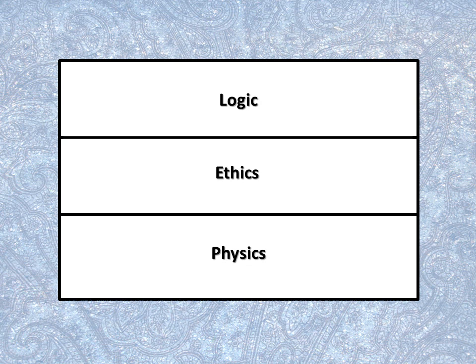Now, again, these are general boxes, such that, by physics, we don't just mean what in modern language is called physics. So this is any kind of science looking at the world, ethics, obviously doing something different, and logic. But notice Kant says this is how the Greeks divided up their knowledge, and he says this distinction basically works.